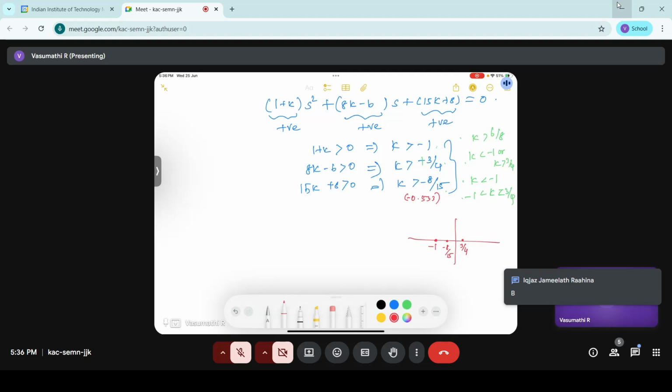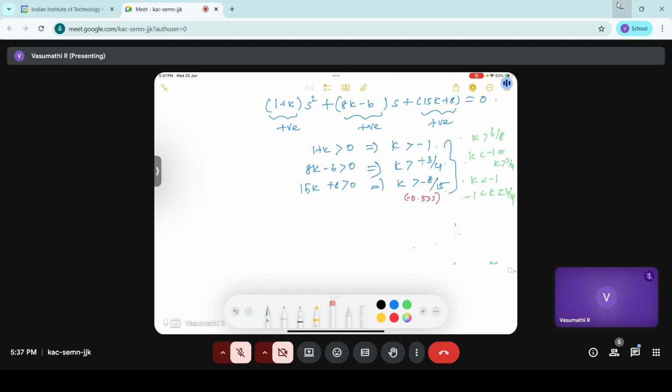That is the extreme value, right? So whatever value it is greater than either 3 by 4 or minus 1, whatever value is extreme to this will be positive from this. Don't consider this as a plane; this is to help you visualize how it looks. Maybe this is misleading.